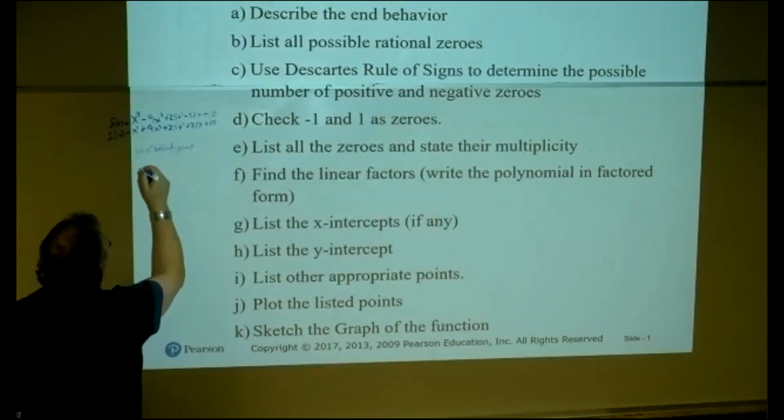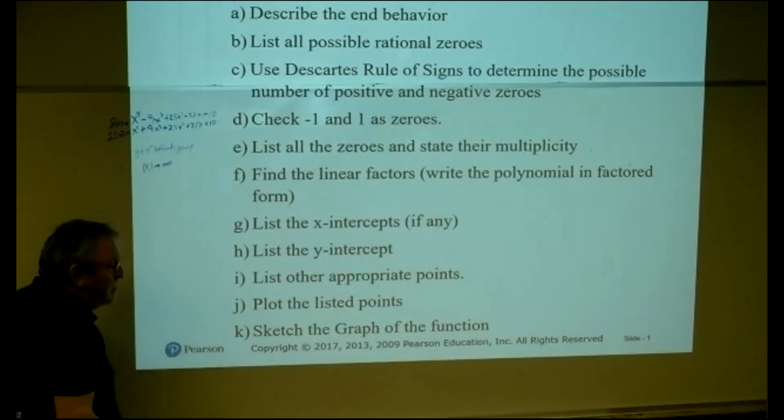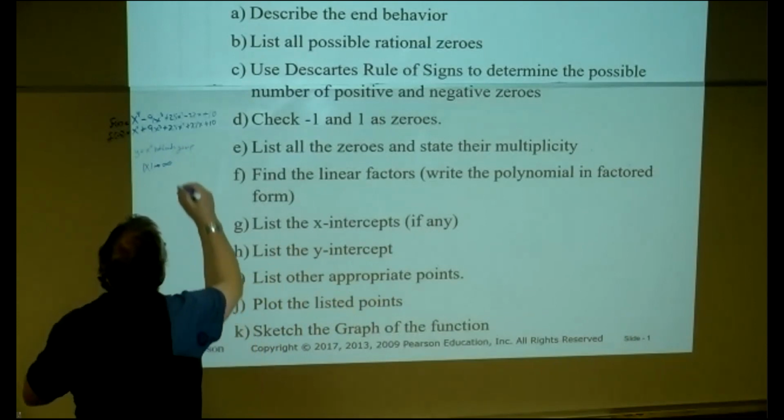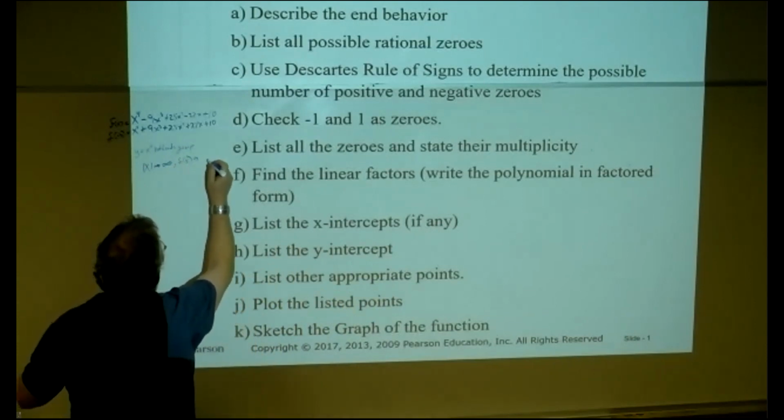Or you could say as the absolute value of x goes to infinity, which is saying as x goes to positive infinity and as x goes to negative infinity, f of x goes to positive infinity.